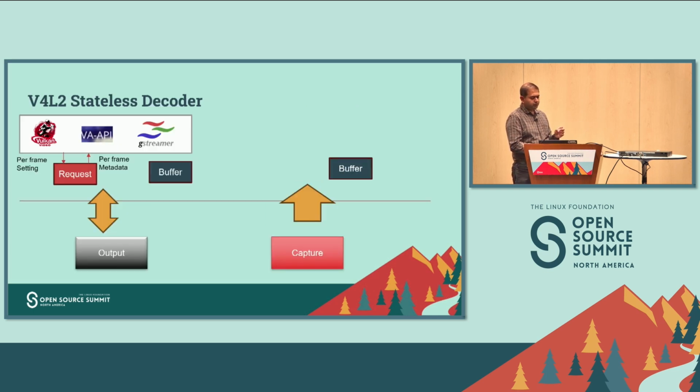If you were to do this for a codec, there is a user space. There are three possible options here: Vulkan Video, the Intel VA API, and GStreamer.